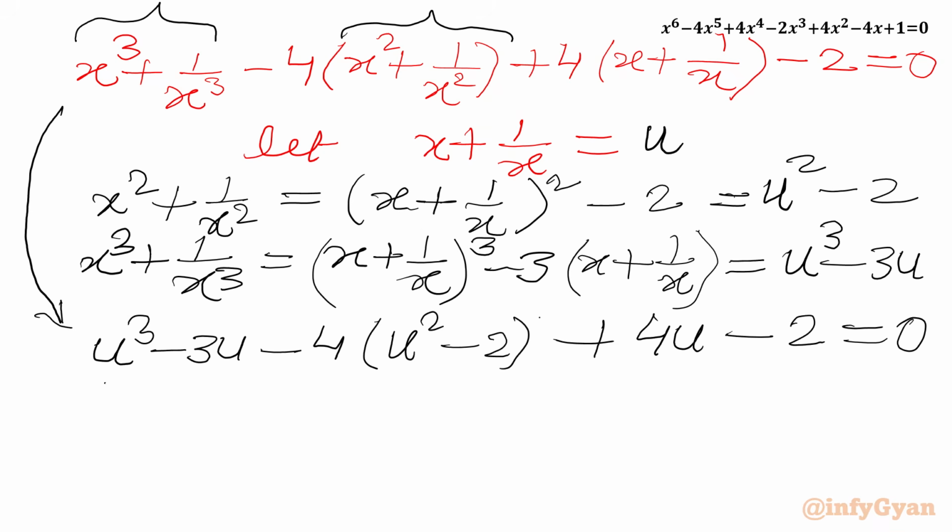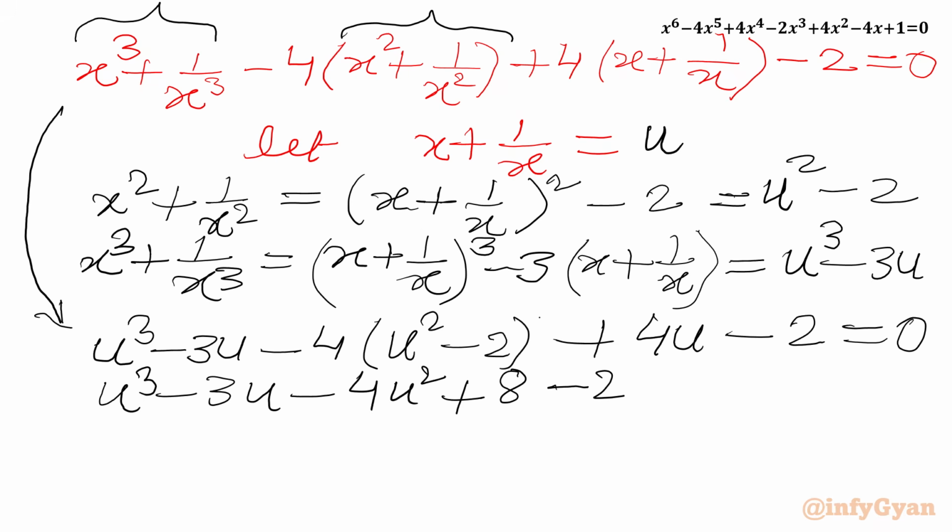Now we will expand LHS or simplify. We will get u cube minus 3u minus 4u square plus 8 minus 2 plus 4u equal to 0.